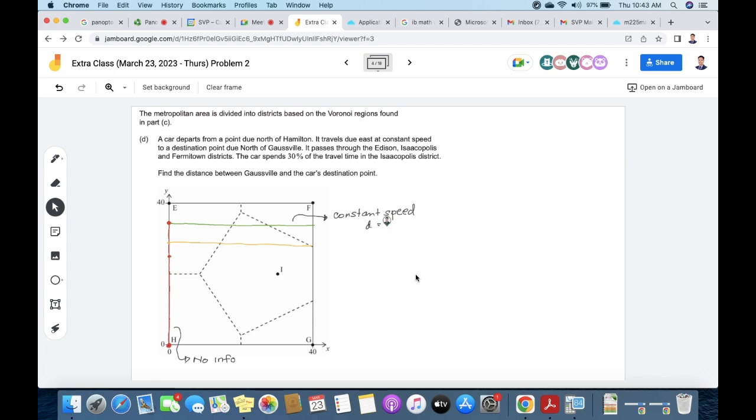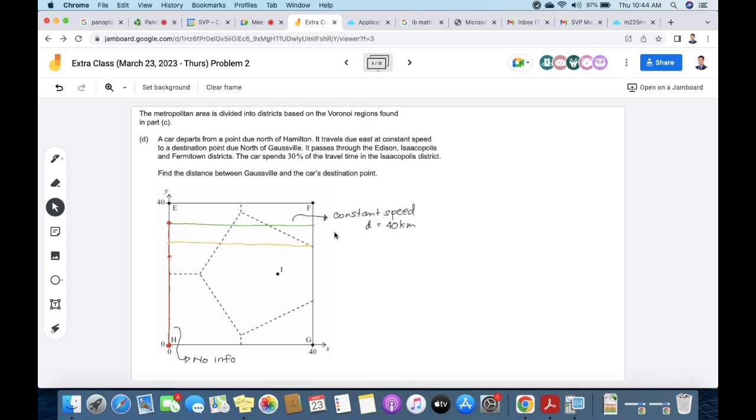Why do you think it's 40? Exactly. The point here, from the origin going to point G is actually 40, meaning this and this should also be 40 kilometers. Do you follow? So this one is 40 kilometers.